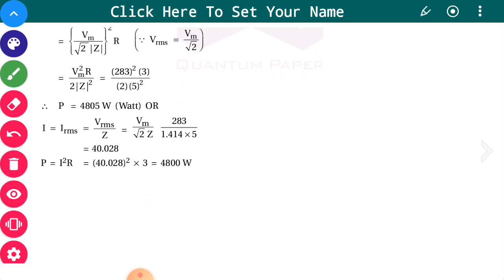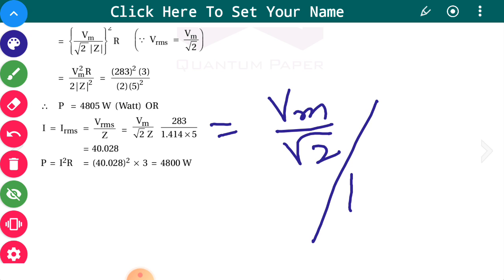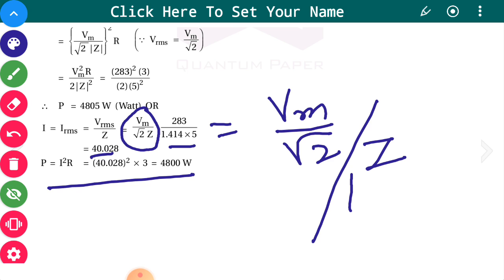Now current you can find: I RMS is V RMS upon Z, that is Vm by root 2 into Z. Replace the values and you will get the current to be 40.028, and power can be I square R, about 4800 watt.